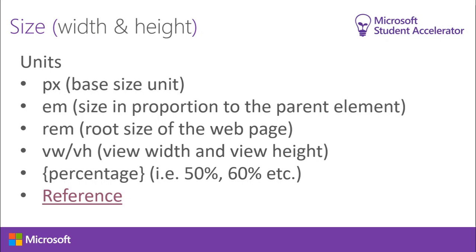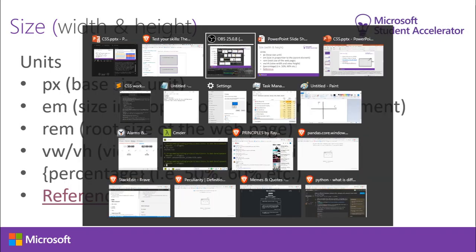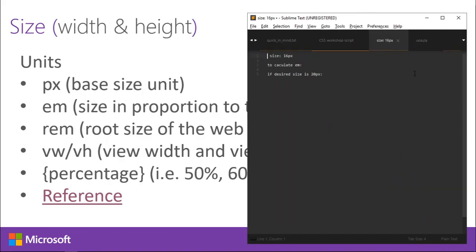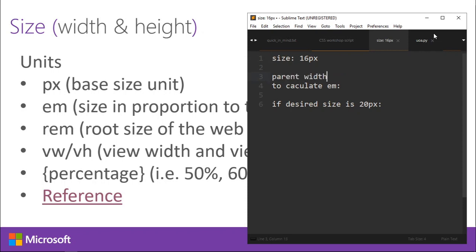Let me give you an example of what each of them really means. So here I'll just do some simple calculation. Pixel is just our base unit, and EM is the size proportional to your parent element. Suppose your parent has a width of 20 pixels.